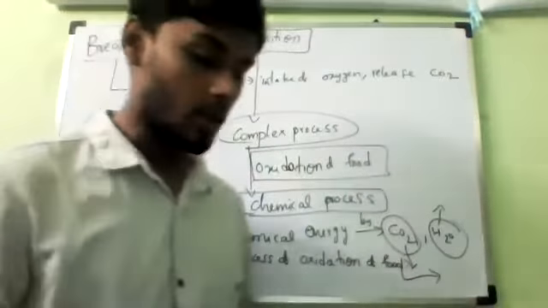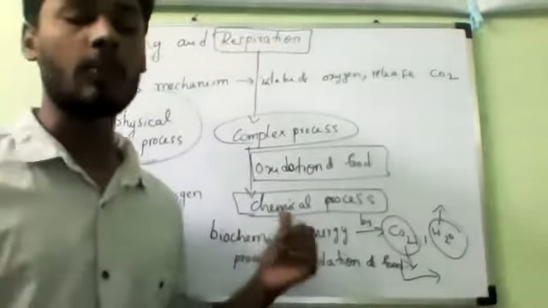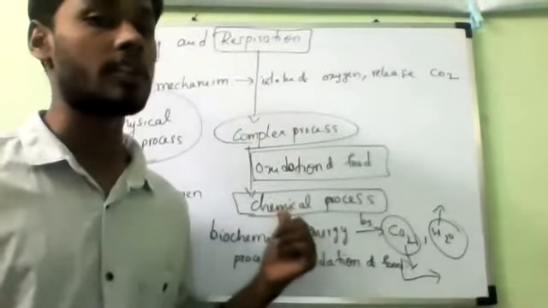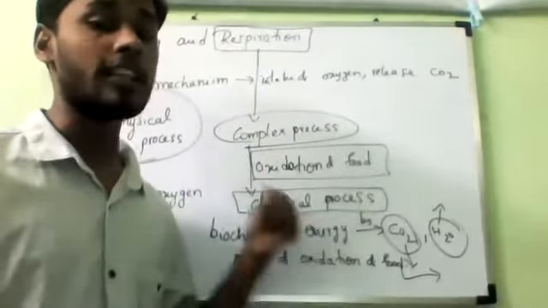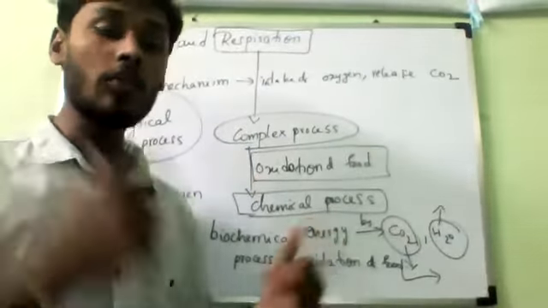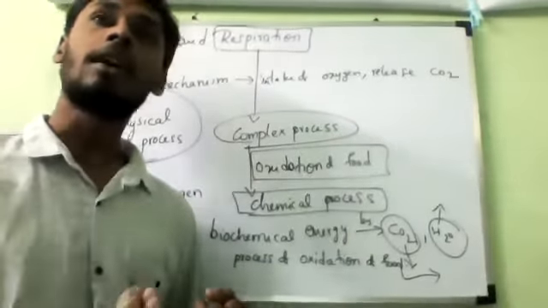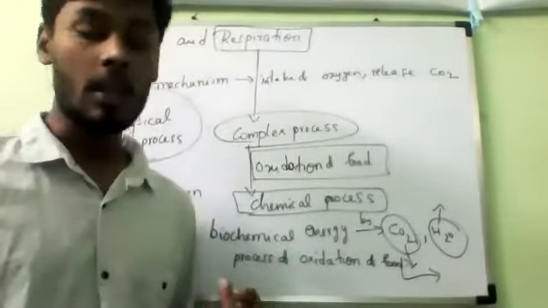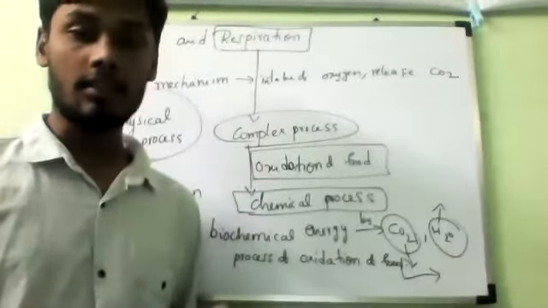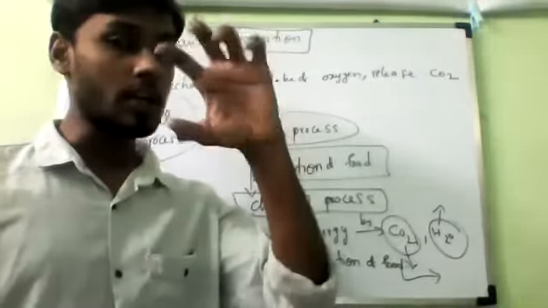Do you understand? If you observe, the process of breathing involves the lungs of the organism. Respiration also involves the lungs, because the first step in respiration is intake of oxygen. Along with the lungs, respiration also involves the mitochondria in the cells.